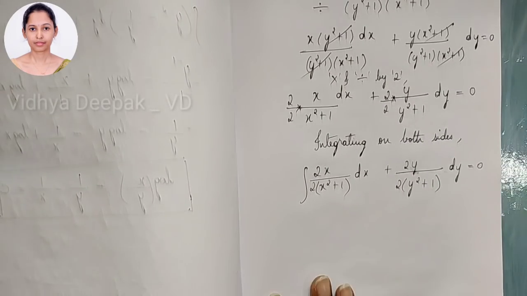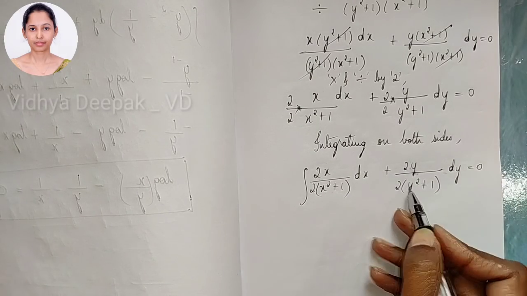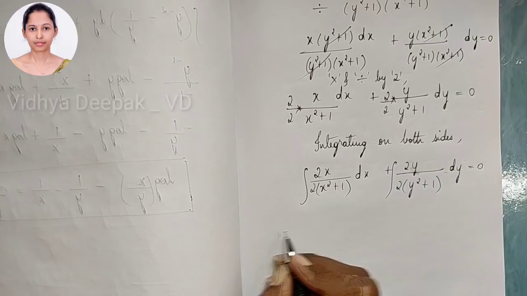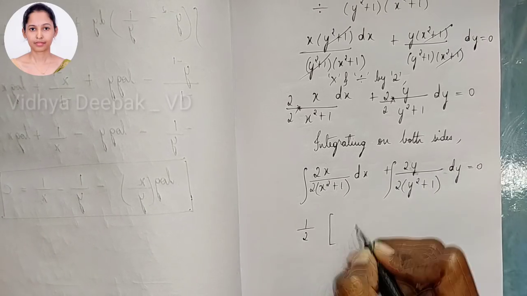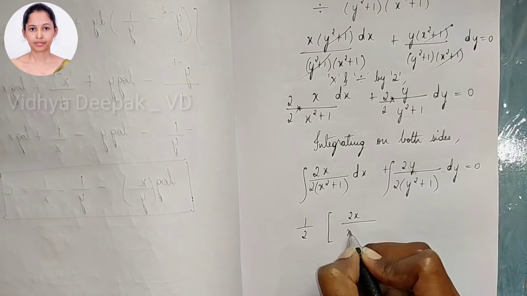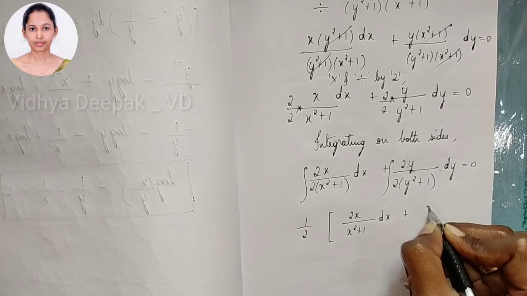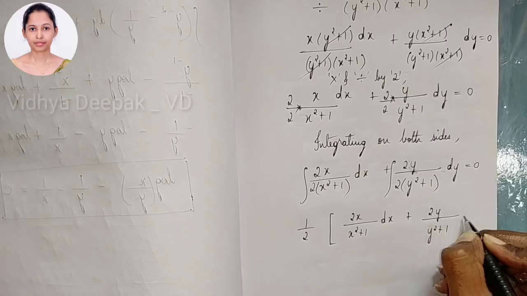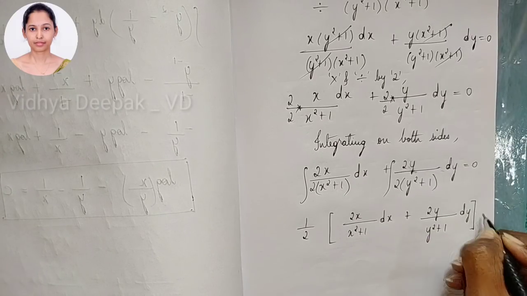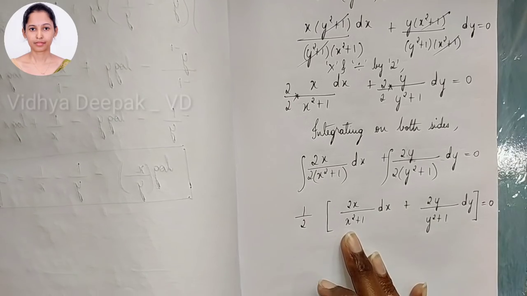You will get a confusion naturally that this 2 is not needed, right? I'll take 1 by 2 common outside. So I have 1 by 2 times 2x by x square plus 1 dx plus 2y by y square plus 1 dy is equal to 0. So now this is of our required form.